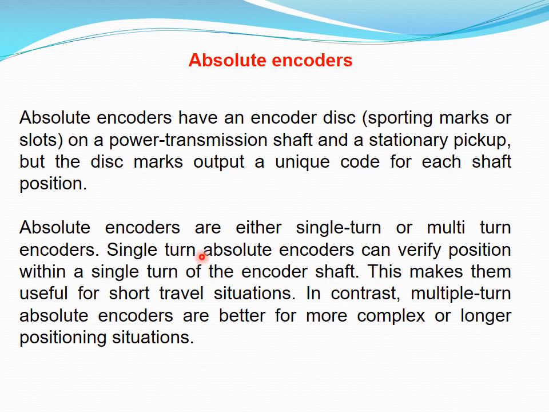What is the difference between a single turn and a multi-turn? A single turn absolute encoder can verify position within a single turn of the encoder shaft. This makes them useful for short travel. In contrast, multi-turn is useful for more complex, long position situations.